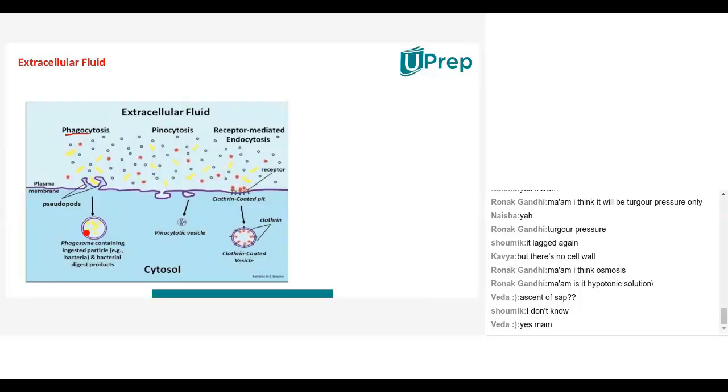Ingested means the materials and nutrients you take along with your food. They'll be taken in by a process called phagocytosis. Phago is solid particles, cytosis is taking in, intake. How does that happen?